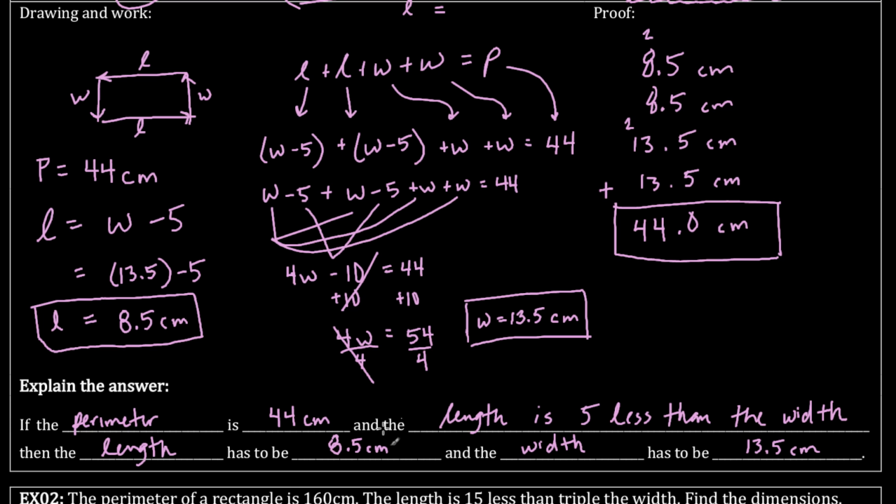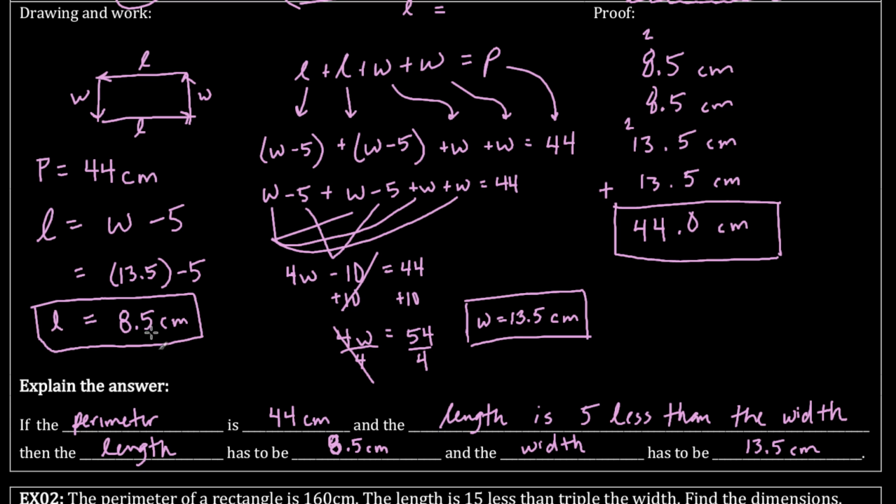So actually I want to write the whole thing over again. Okay. So if the perimeter is 44 centimeters and the length is 5 less than the width, then the length has to be 8.5 centimeters and the width has to be 13.5.